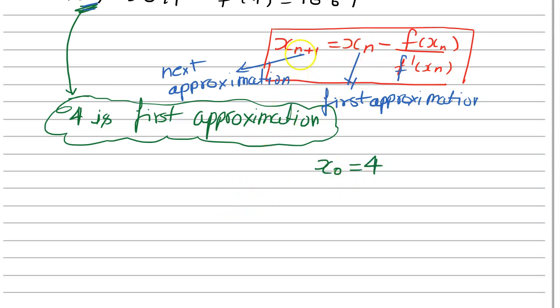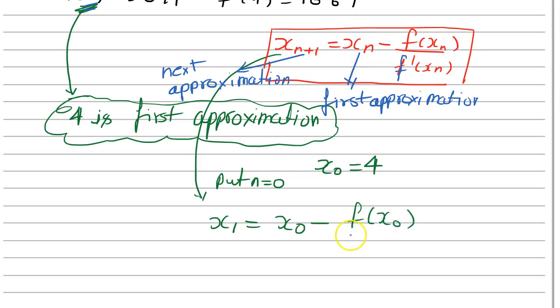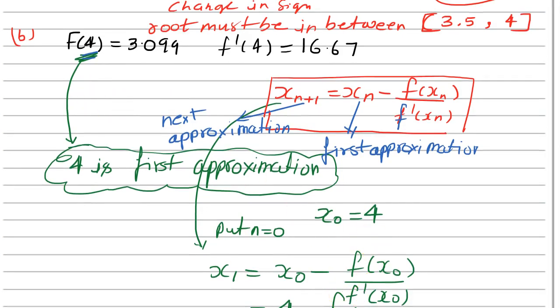If we put n equal to 0, it will be x1 equals x0 minus f(x0) divided by f dash(x0), that is 4 minus f(4) over f dash 4. f(4) is given as 3.099 and f dash 4 is 16.67, so you should not be worried at all.